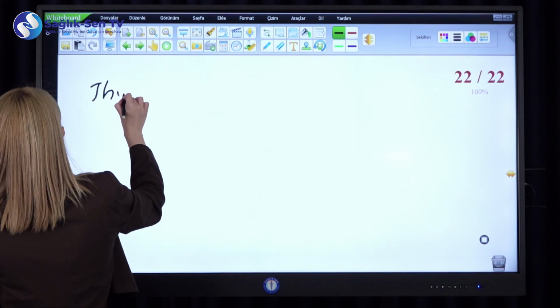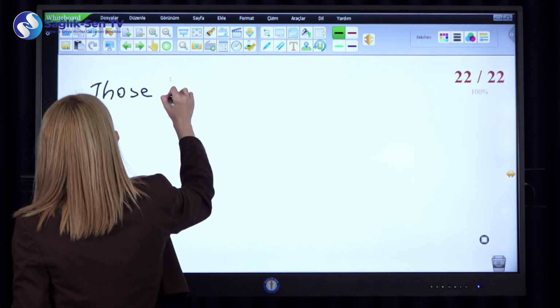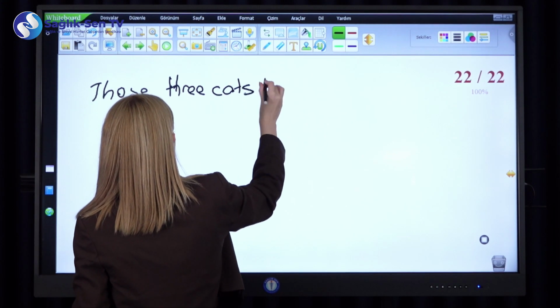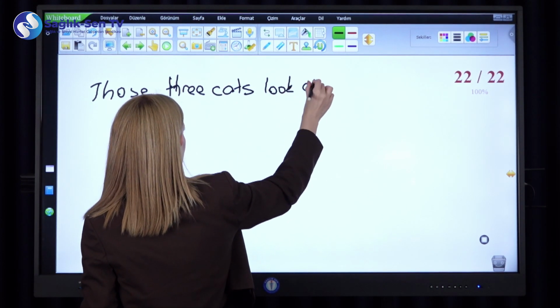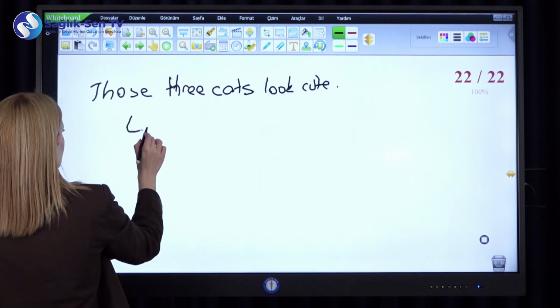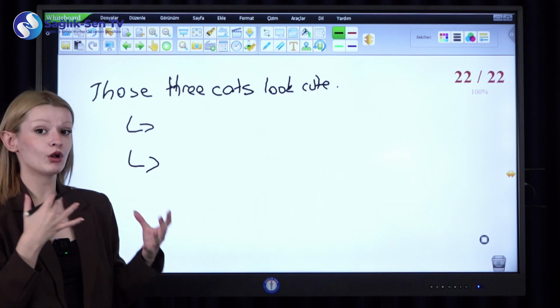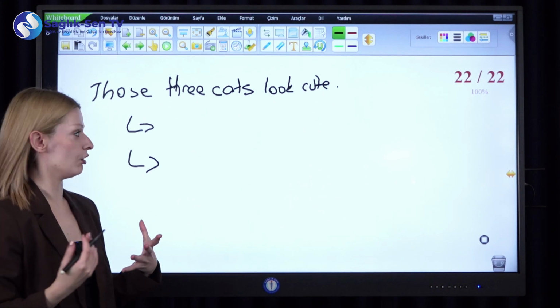Those 3 cats look cute. Now I want to say they're all cute, but using all.